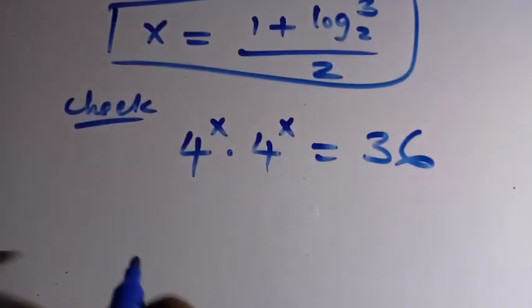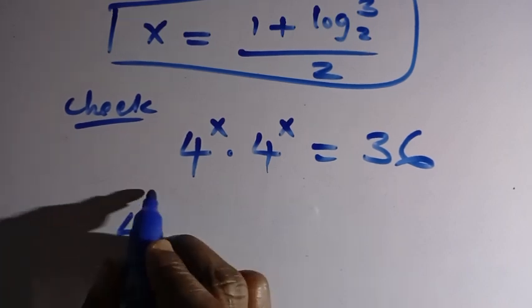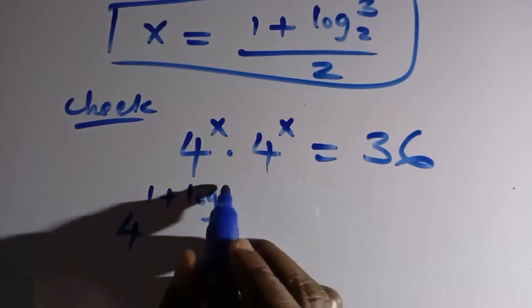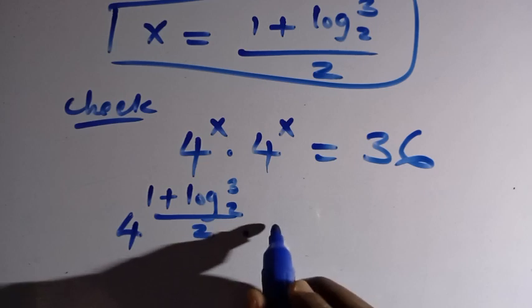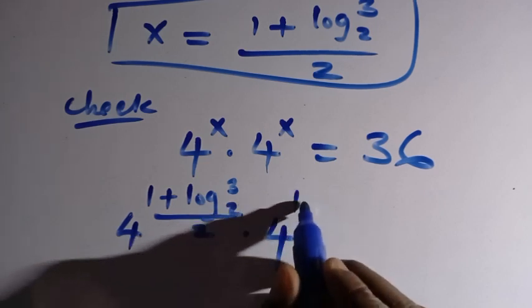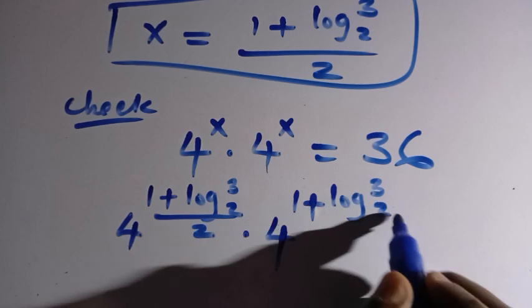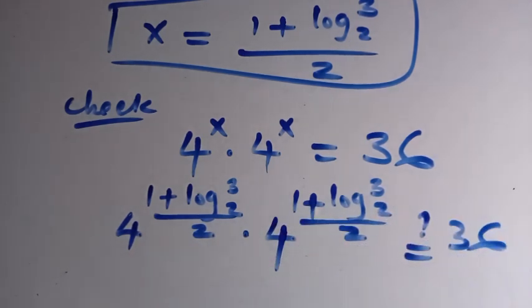Substituting it, we have 4 raised to the power of (1 plus log 3 base 2) divided by 2, multiplied by 4 raised to the power (1 plus log 3 base 2) divided by 2. I want to check if this equals 36.